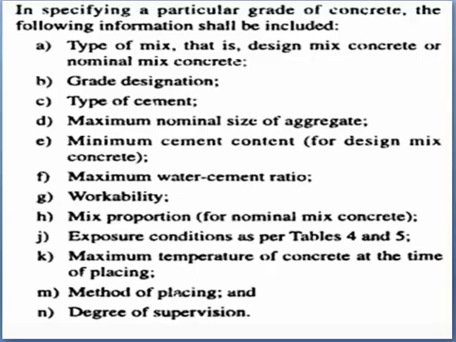Exposure conditions basically refer to mild conditions, moderate conditions, severe conditions, and so on, which we will be discussing in this video. Then maximum temperature of concrete at the time of placing, methods of placing, and degree of supervision. So basically, these are some of the information which is required before going for any mix design.